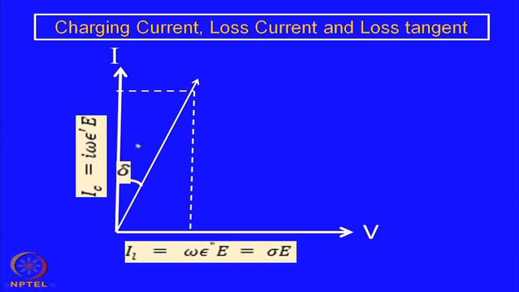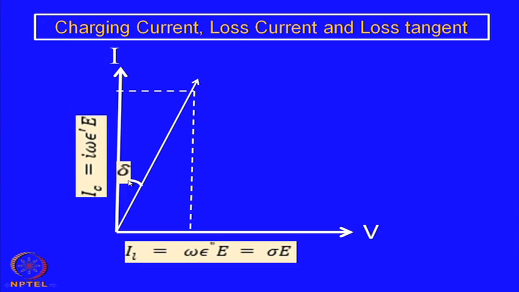This is what we call the loss angle, and it is normally small. If the loss current is more, then this will be more inclined and delta will increase. So, the higher the loss current, the higher the delta, and the higher the conductivity, the higher the delta.